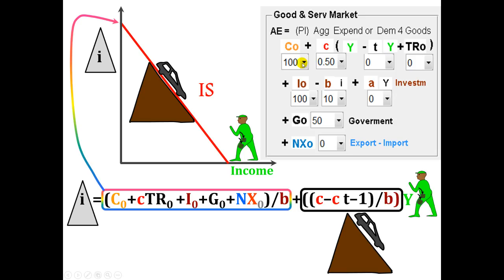So you just plug this value here, and then you get 0.5 here, minus this is 0, minus 1, so it's negative, and b is 10, so in this example it is negative, very simple. In the video after the next, we are going to see the intuition for why this IS curve has negative slope.